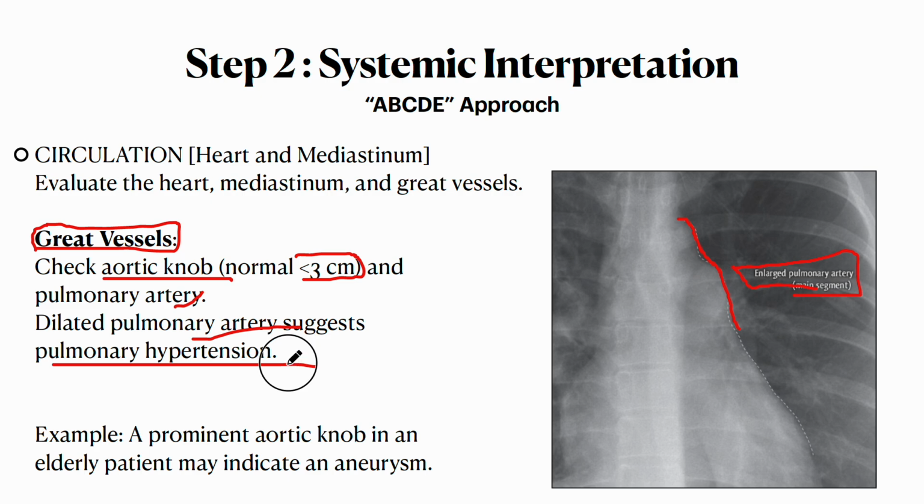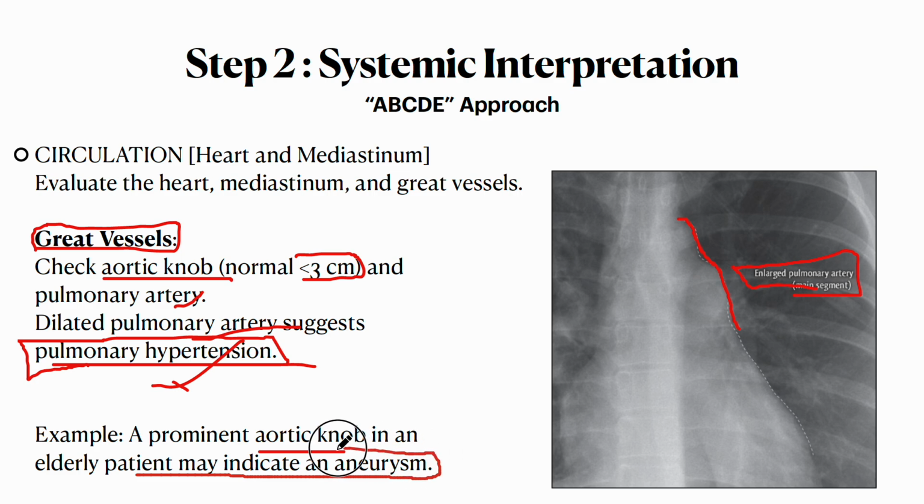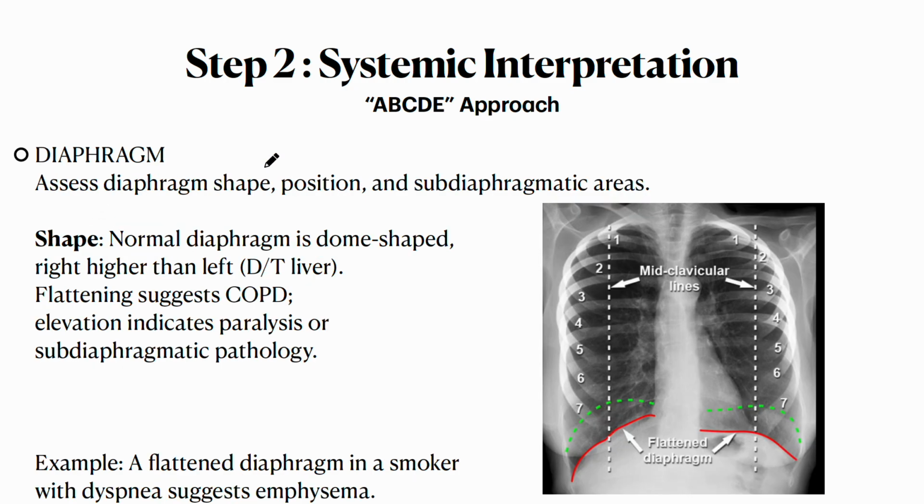That suggests pulmonary hypertension. This is a major finding of pulmonary hypertension. You have to remember this clinically. And a prominent aortic knob in an elderly patient may indicate an aneurysm, because the walls of blood vessels are progressively weakened as we age, right? So that is how we do the circulation.